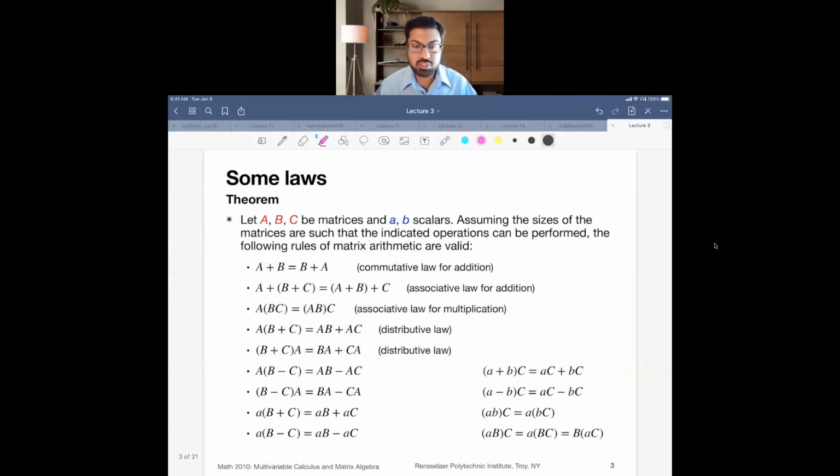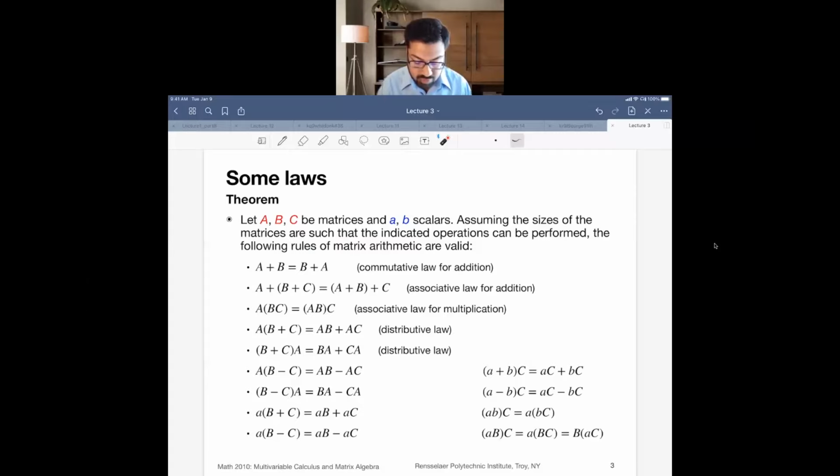Now this slide just lays out all the matrix operations as rules, as laws. In order for matrix operations to be carried out, we have to make sure that the sizes of the matrices are such that the results are defined.